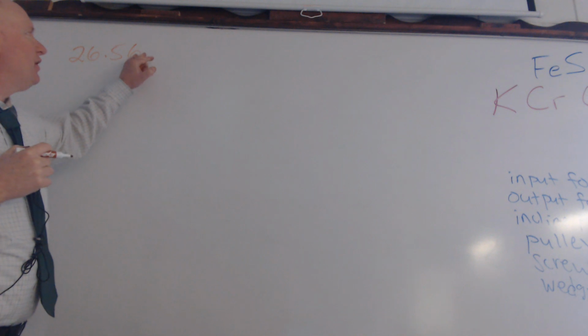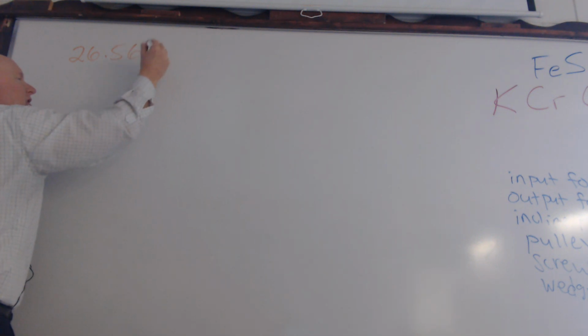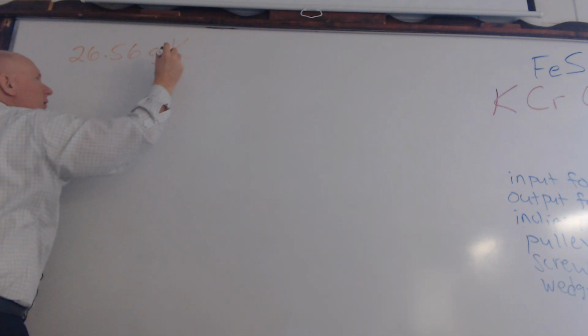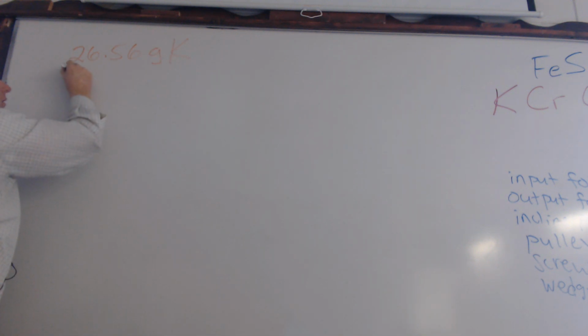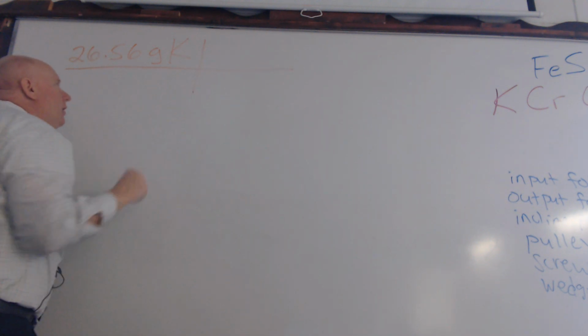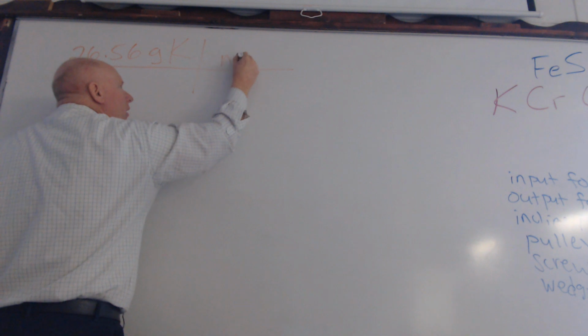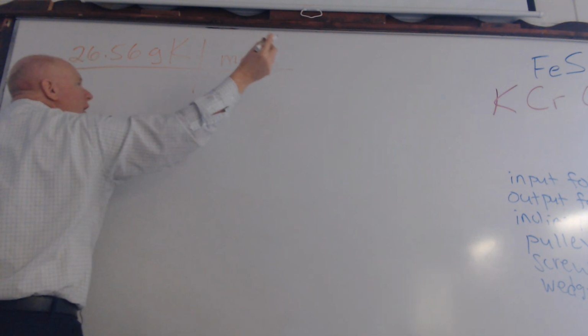It's not percent of potassium, it's grams of potassium. You just change that percentage to grams, okay? So then, how do we go about doing this? Just like what we've been doing since last August. For every mole of potassium, how many grams would you get?